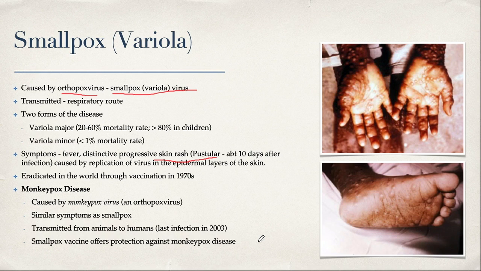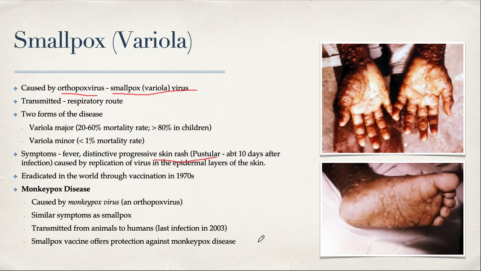In 1967, the World Health Organization launched a very intensive plan to eradicate smallpox, and in a period of 10 years, through massive and widespread immunization and surveillance, the disease was eradicated. In 1980, the World Health Organization declared smallpox eradicated. And so it remains among the most notable and profound public health successes in human history.